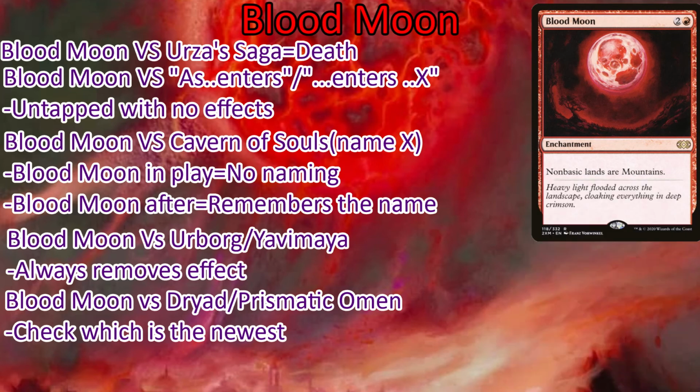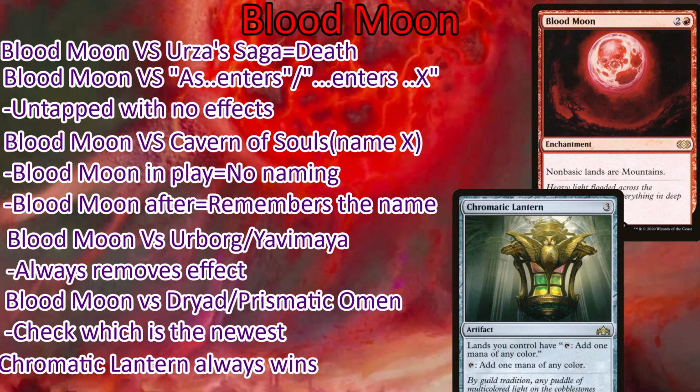The only card that kind of gets around that is Chromatic Lantern, which used to be in old Amulet decks, because it gives the land the ability to tap for any color of mana. It doesn't give them types, and that's in layer 6, which is later than the layer that causes Blood Moon to make them basic Mountains.